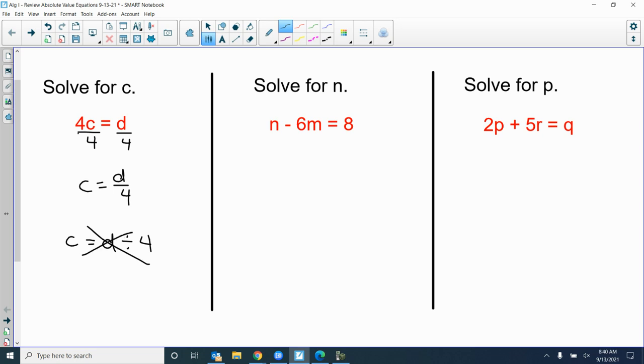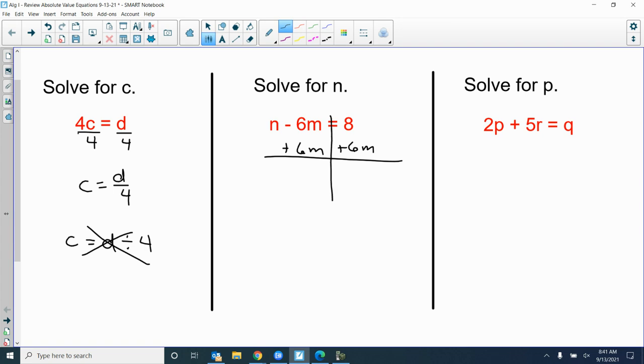All right, solving for N. In that case there, what do we need to do? Emily, what do you think for that second one? Subtract 6M on both sides. Okay, good. Now tell me what to write. Starting from the left.